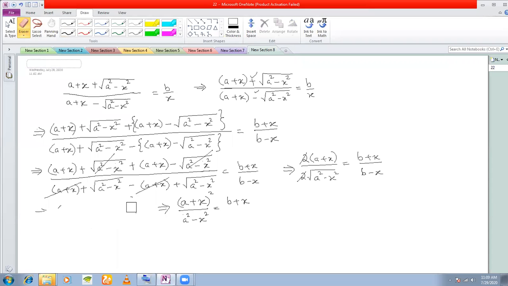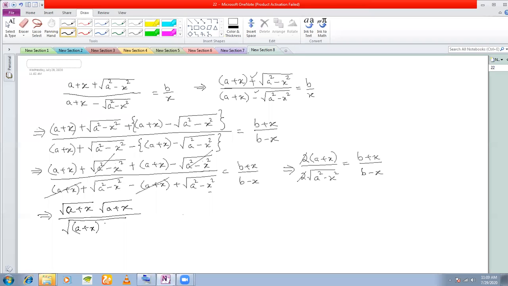See that a plus x into a minus x, a plus x can be written as root a plus x into root a plus x. And in the denominator, I can write root over a square minus x square as root a plus x into a minus x.